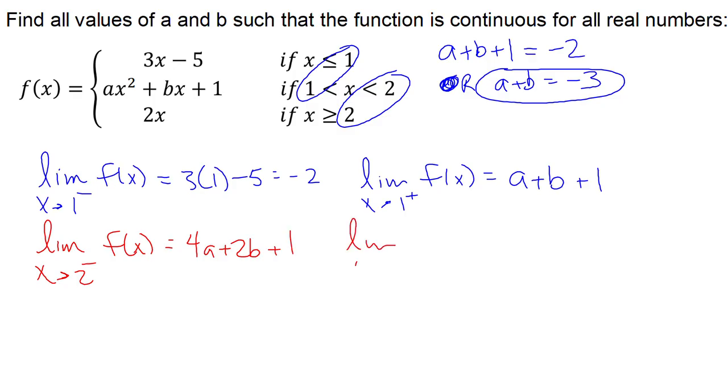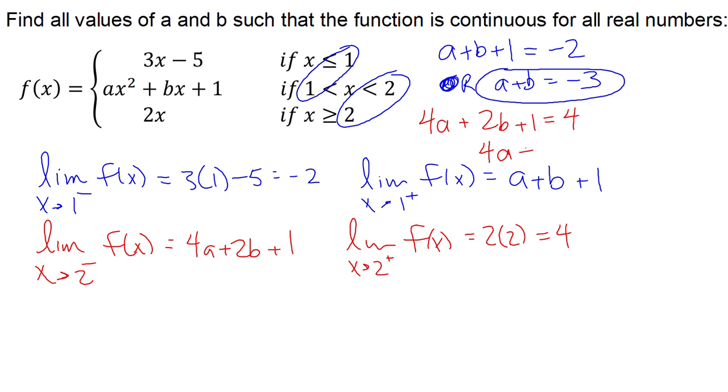And then as we do the limit as x approaches 2 from the right of f of x, that's just 2 times 2, which is 4. So when we put this together, we have 4a plus 2b plus 1 needs to equal 4 in order for the limit as x approaches 2 to exist. Or in other words, 4a plus 2b needs to equal 3.